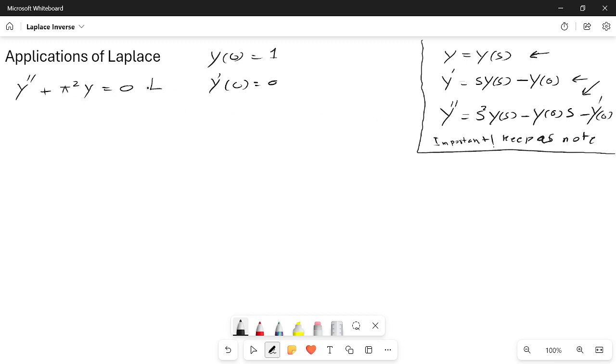So we take the Laplace transform of both sides of the differential equation.